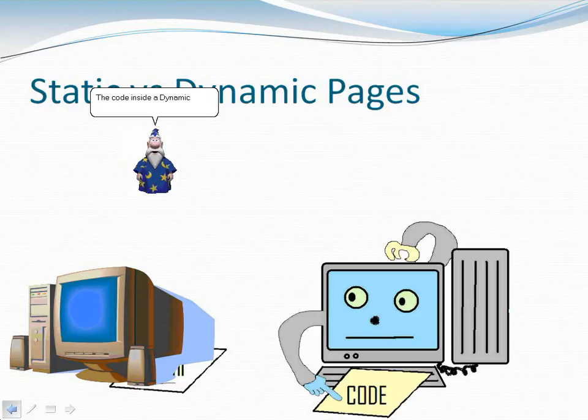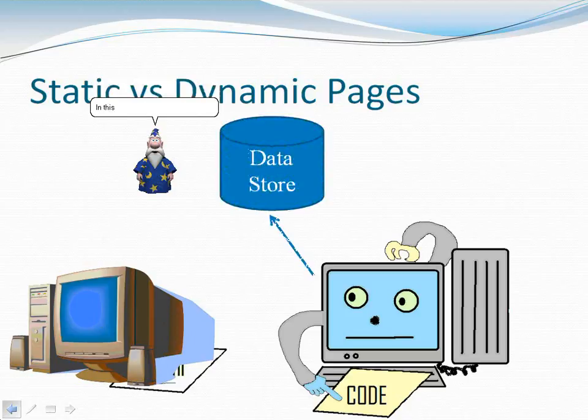The code inside a dynamic web page could do many things. For example, it could connect to a data store to retrieve some information. In this case, the code would need to provide a mechanism or instructions to create the connection to the data store, and then get the data requested. For example, the dynamic web page may look up the 4 most popular musicians in the world.